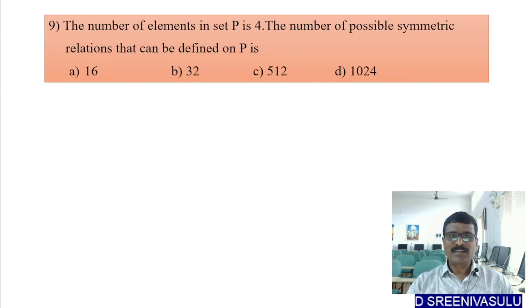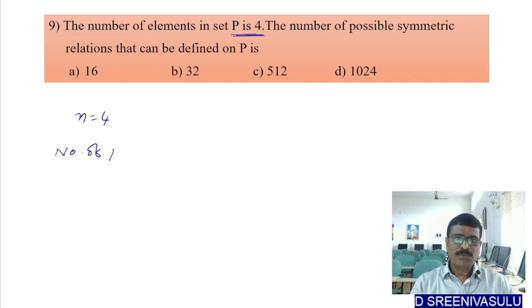Question number 9. The number of elements in a set P is equal to 4. That is, let us take n is equal to 4. Number of elements in set P, n is equal to 4. Now, the number of possible symmetric relations.